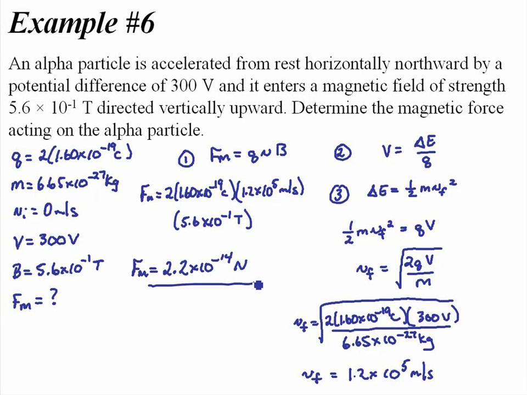This is a very common type problem, and it's used quite often because it actually uses concepts from 3 different units. We worked on kinetic energy back in Unit 1. We worked on energy through an electric field and a potential difference in Unit 2, and magnetic force in Unit 3. So it's a really good question to kind of review concepts from 3 different units.